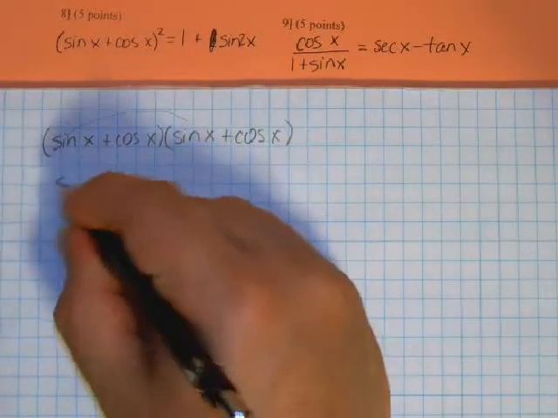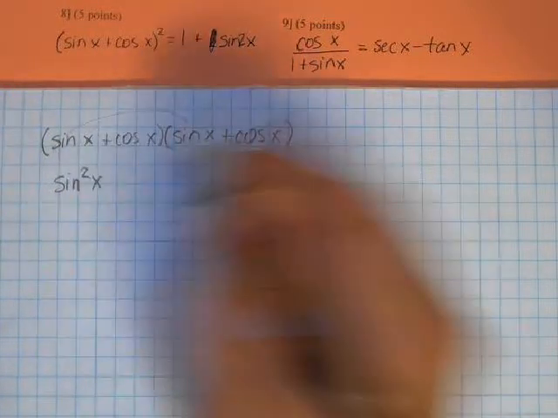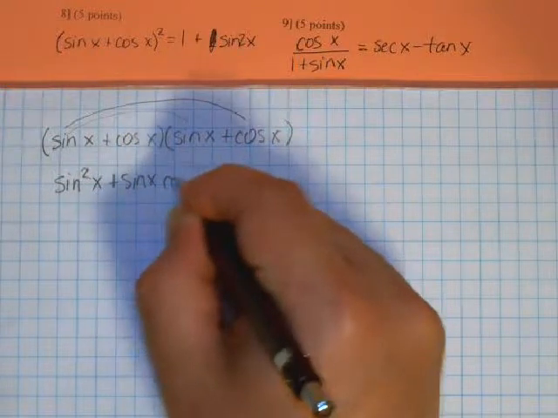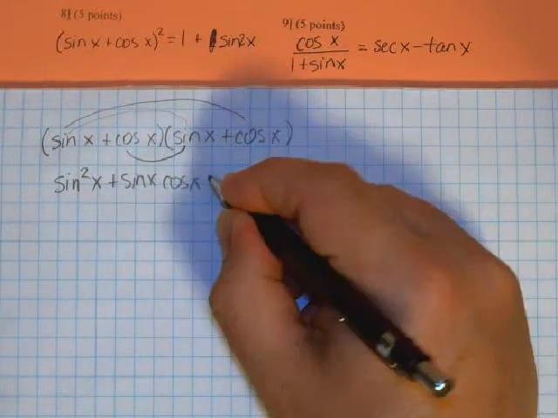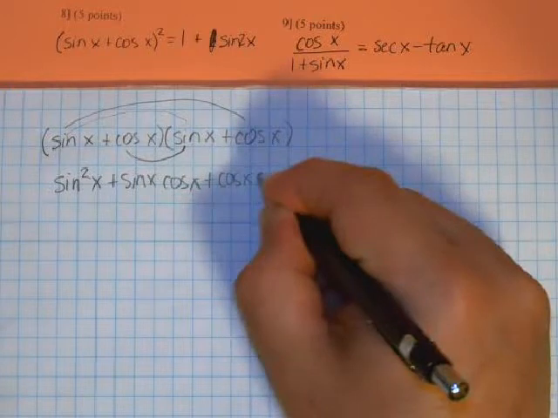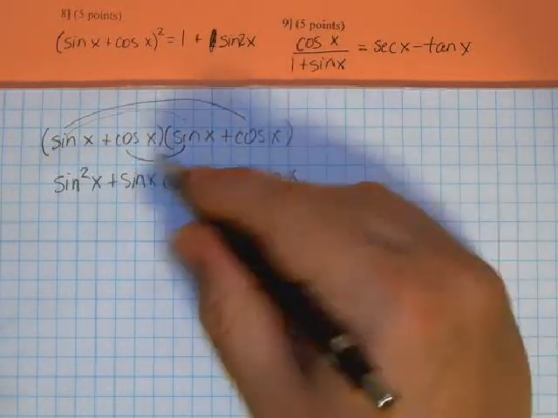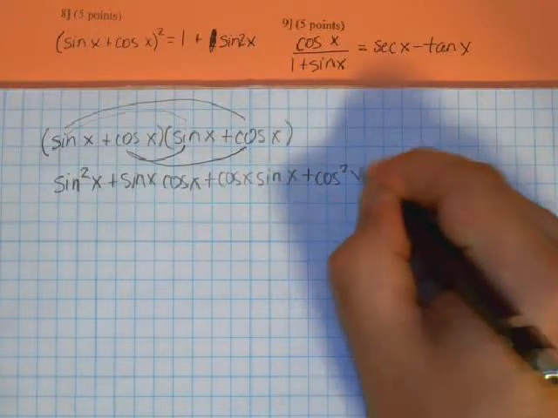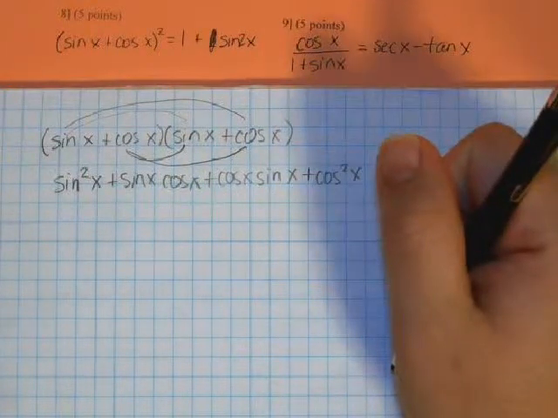So sine times sine is sine squared, plus sine cosine, plus cosine sine, plus cosine squared.